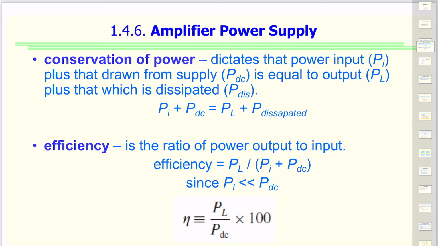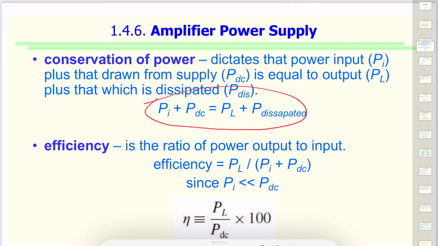So the power drawn from the signal source and the power that's delivered to the load have added powers to that, which is the power supply and the power that's dissipated as heat. You bring this all together, we get this equation which takes care of all the different parts that would be there for the system.